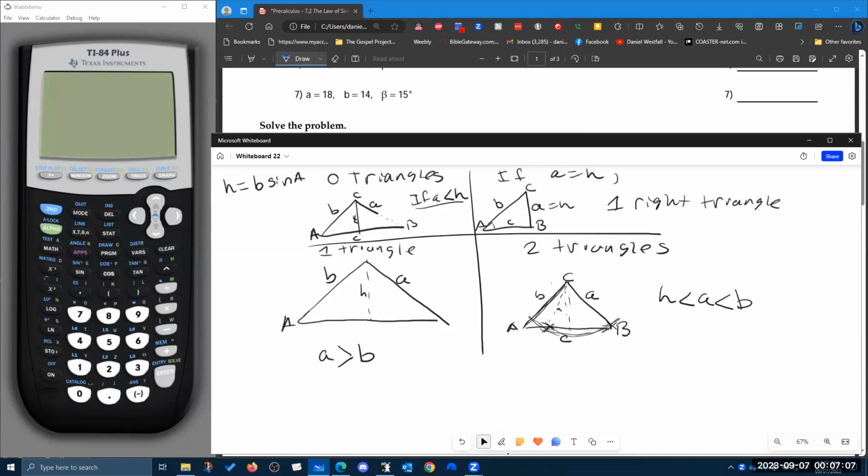So it's going to create 2 triangles. So this chart is the geometric construction way of thinking about it for those of you that used compasses in your geometry class to figure this out. You'll be familiar with this method.